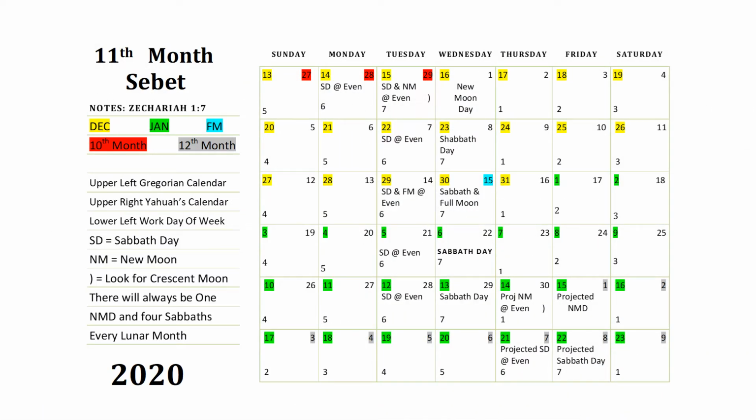What we do now, we get our calendar from the previous month, and we have to line up, get this week here, the month of Shabbat, if I'm pronouncing it right, and pull it up here on our blank calendar. We do that every month because we have the new moon day and the fourth Sabbath that we have to get in the calendar, so make sure that we have room for them.